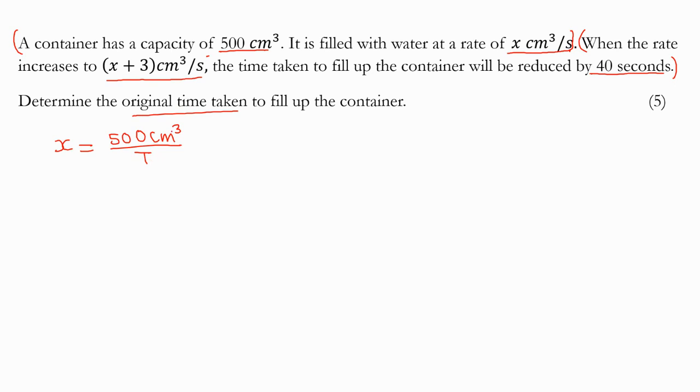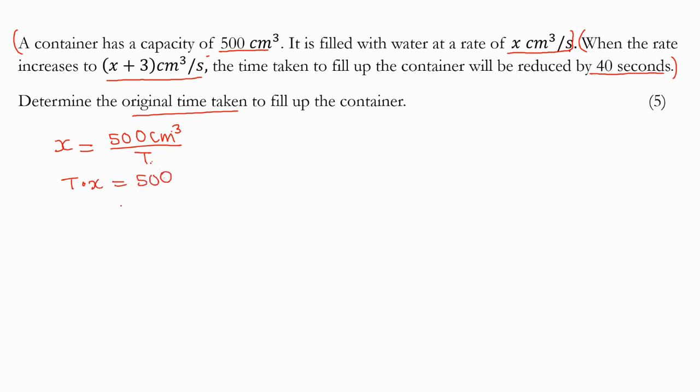And then from this, we can make t, our time, the subject of the formula. So let's multiply by t on both sides. So it's t times x is equal to 500.